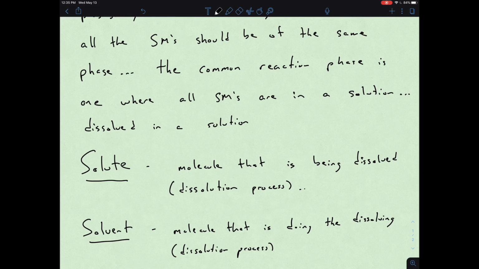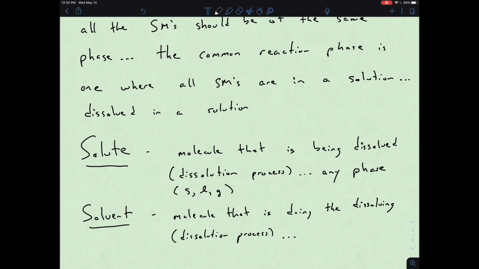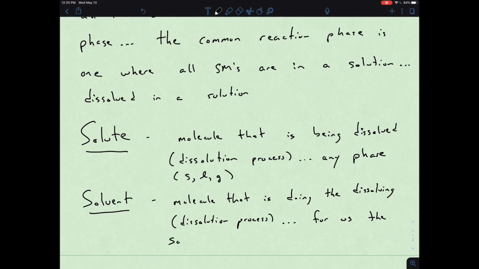And solute can be any phase. We can have solid, liquid, or gas. Solvent as well can technically be any phase. For us, the solvent will always be in that liquid phase.